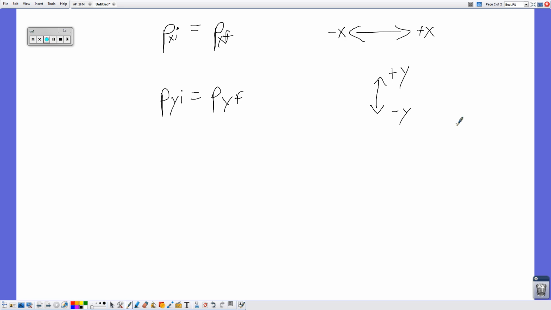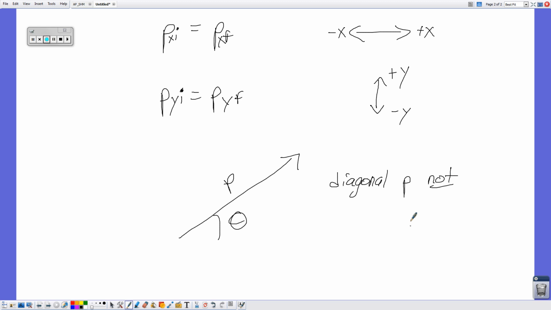Now, when you're dealing with 2 dimensions, that means that you have some x momentum and some y momentum, and you've got it going on at the same exact time, and that's what gives you some diagonal momentum. Here's the thing, though. Diagonal momentum is not conserved.